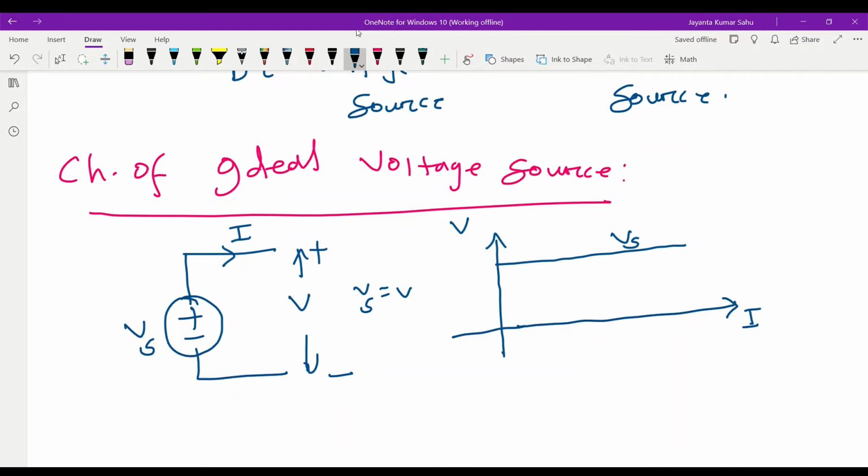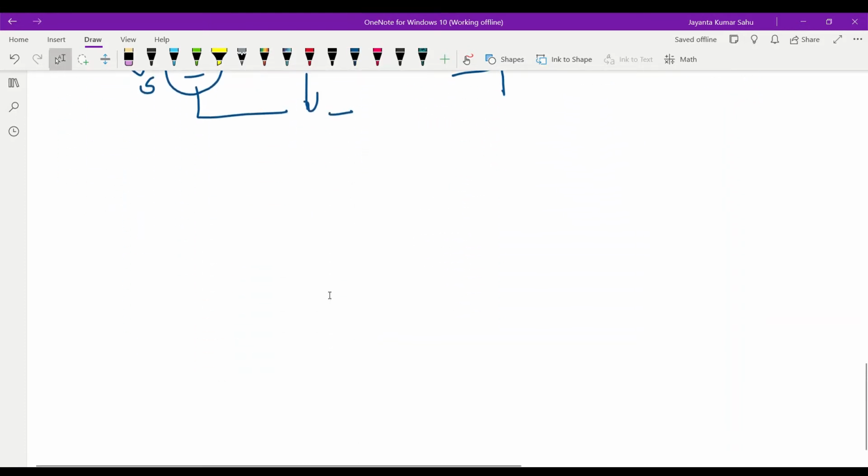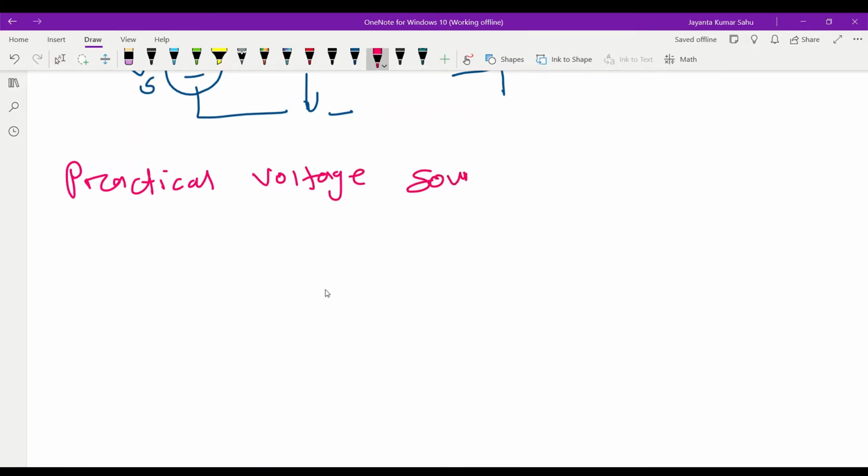Now we discuss the practical voltage source. A practical voltage source means a resistance is connected in series with the ideal voltage source.